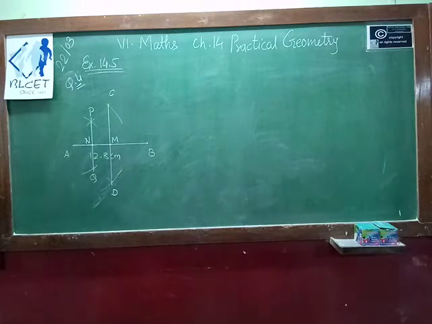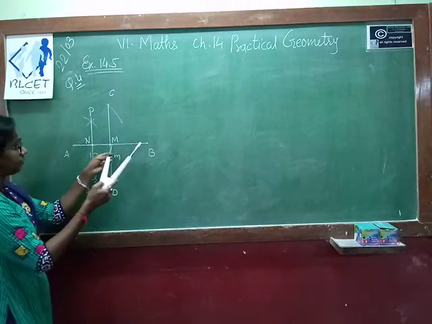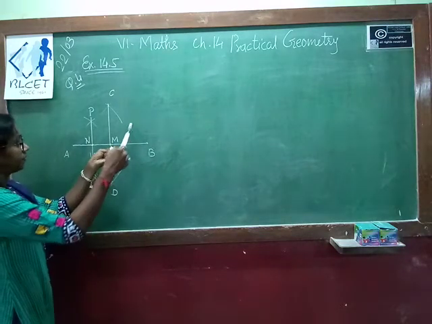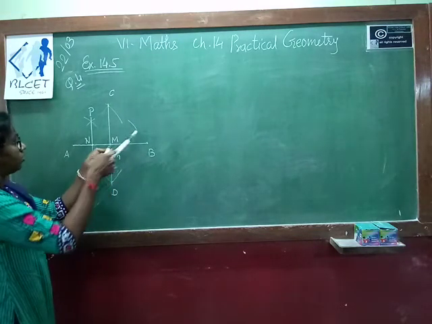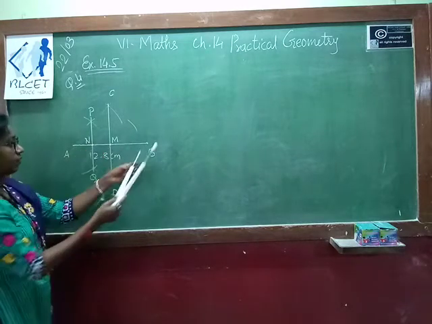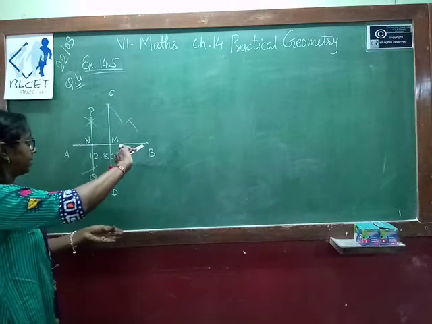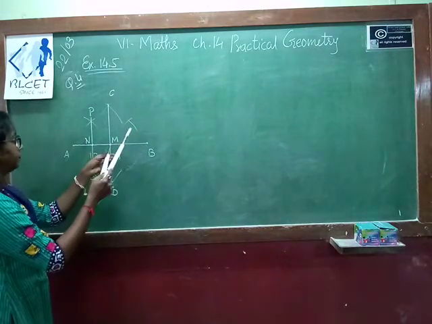Now the same way we divide MB. Without changing this, keep your pointer on M, draw an arc above and below. Keep your pointer now on B, draw an arc above and below.